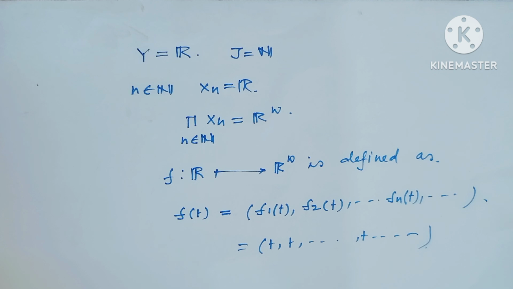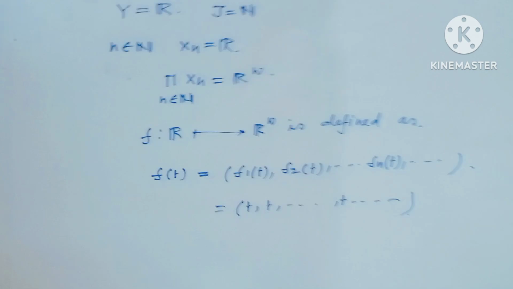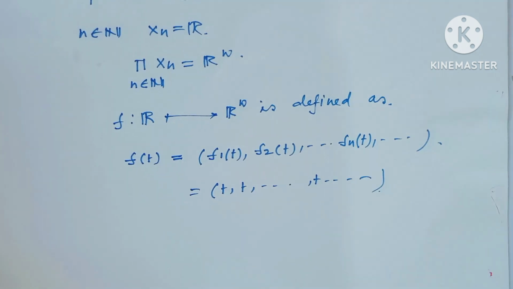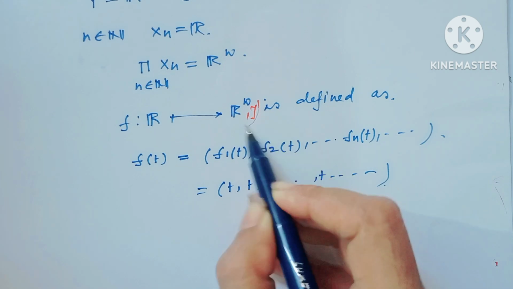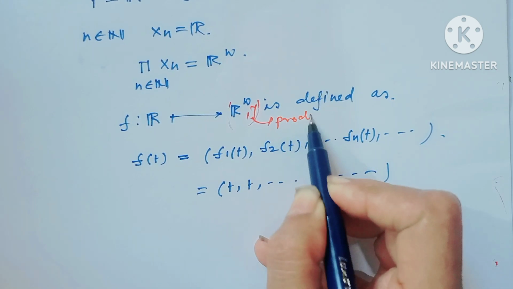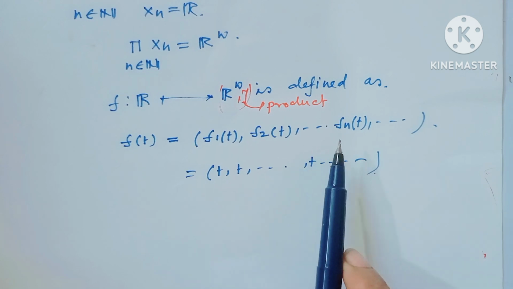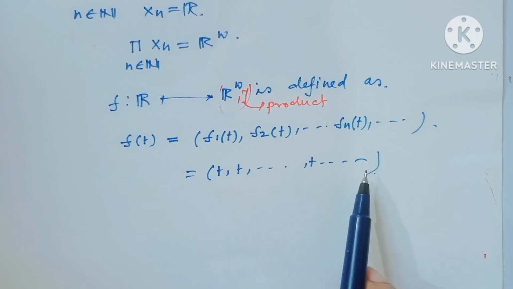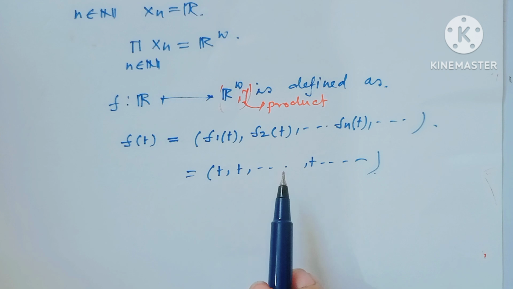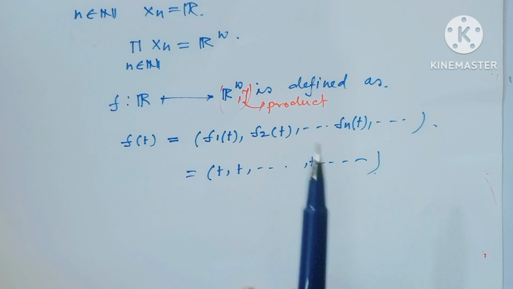Here Y equals R and Z equals N. For n belonging to the natural numbers, X_n equals R, and the product topology is on the product over n of R, that is R^ω. Here the function is defined as f from R to R^ω with topology tau, where tau is the product topology, and the function is defined as f(t) equal to (f1(t), f2(t), ..., fn(t), ...), which is equal to (t, t, ..., t, ...). Is this function continuous in the product topology? This is my question. At first just think on your own.